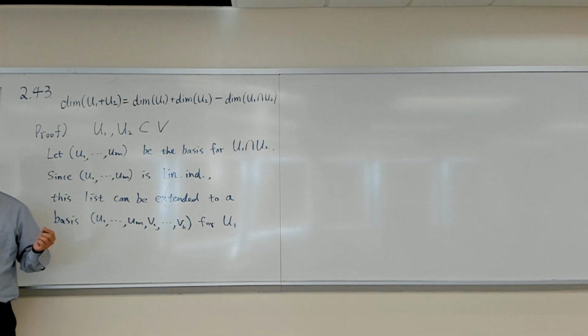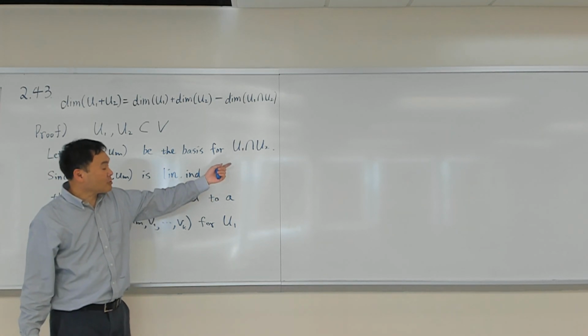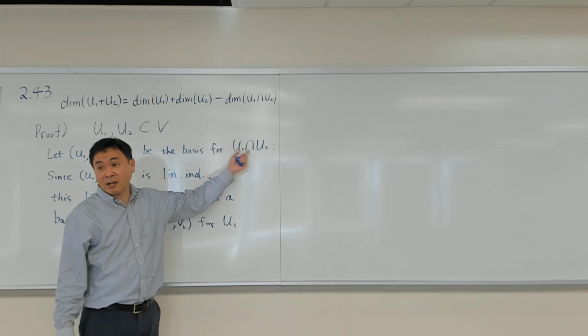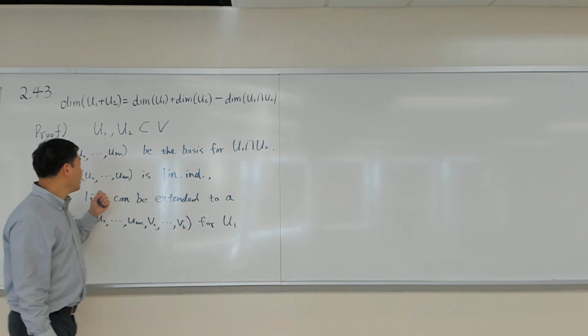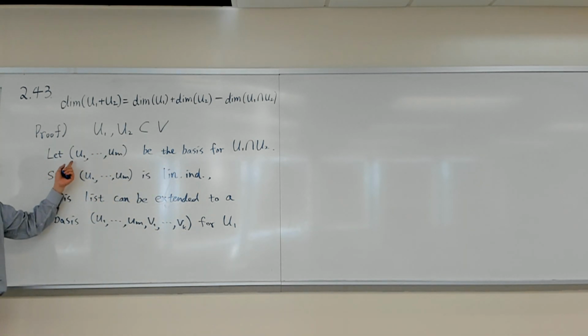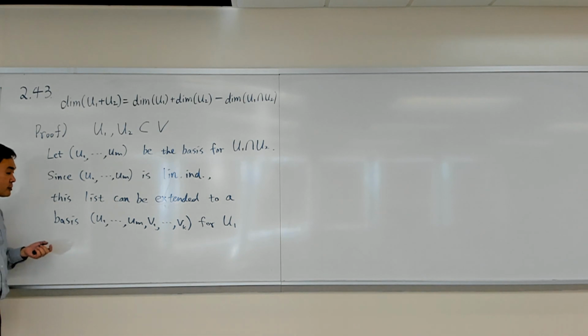There are infinitely many different possible bases for a vector space, unless it's the trivial space. If it only has 0, then by definition you have an empty list. But otherwise, any positive dimensional vector space has infinitely many different possible bases. So I should always say a basis.